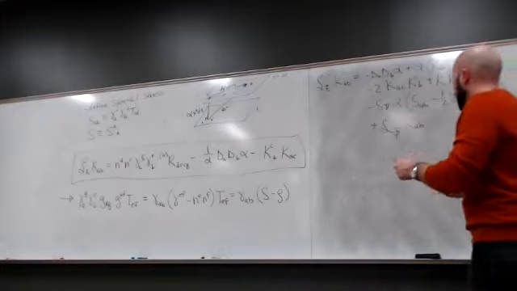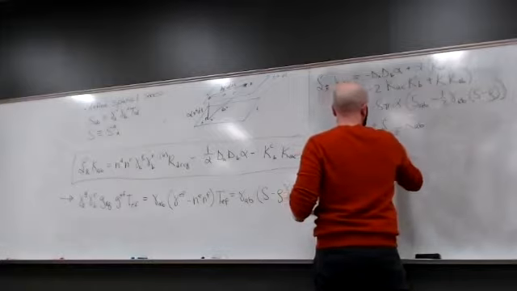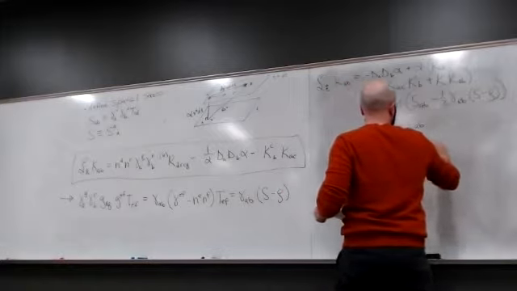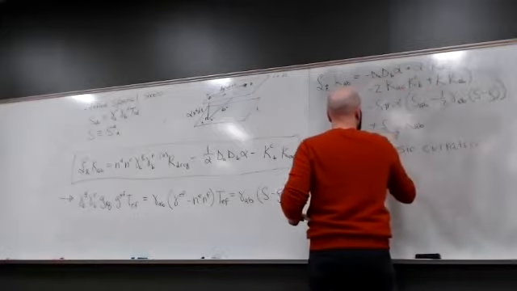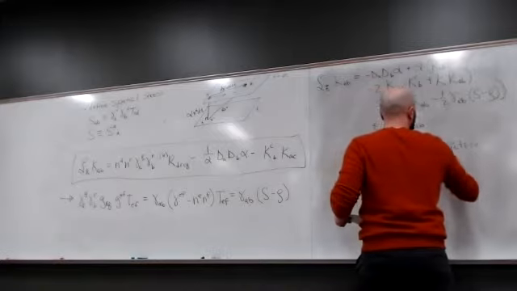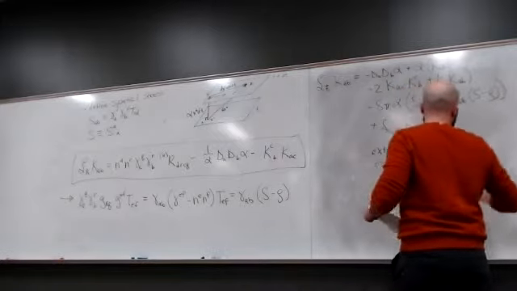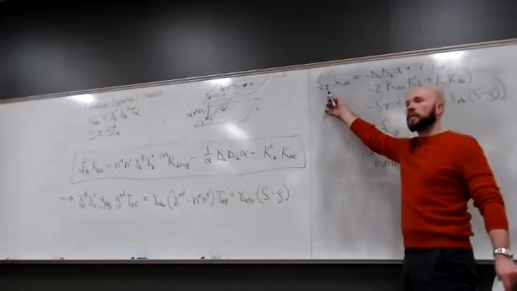Okay. And we're going to call this the extrinsic curvature evolution equation. So this tells me how that extrinsic curvature is evolving along our redefined time vector.